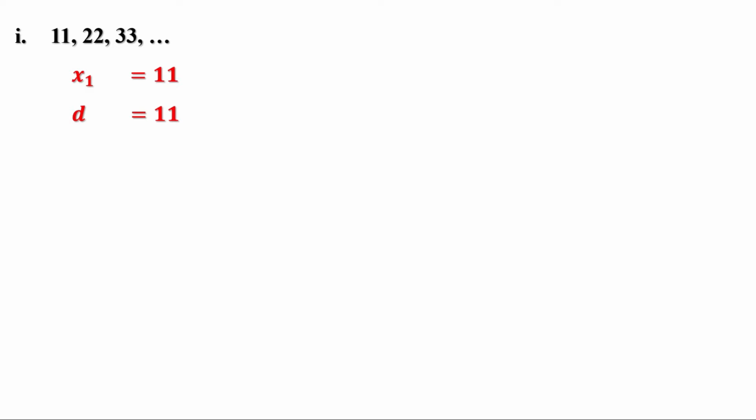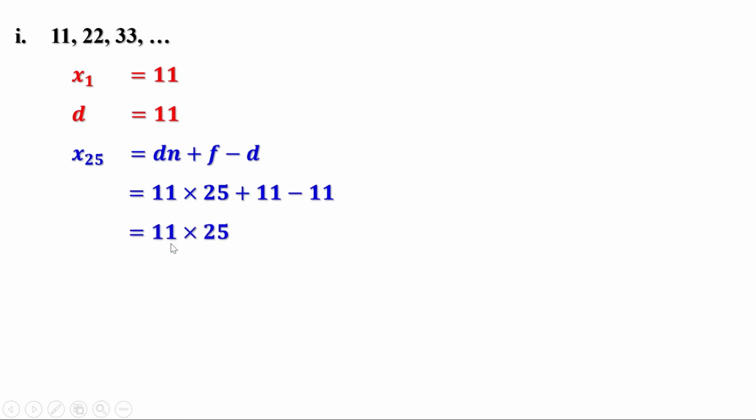So let us find the 25th term, that is dn plus f minus d. Replacing the values, we get 11 into 25 plus 11 minus 11. 11 minus 11 is 0, so we get 11 into 25, and that is equal to 275. That is, the 25th term or last term is 275.